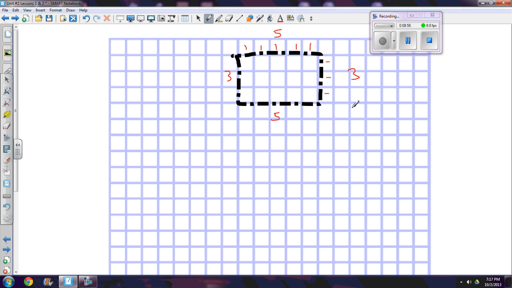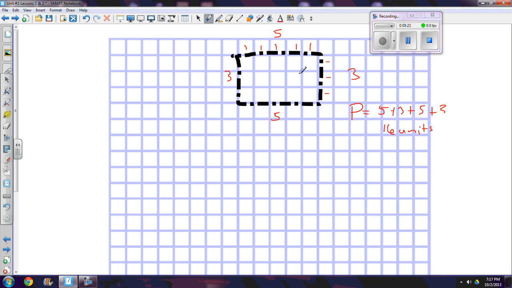So perimeter would equal 5 plus 3 plus 5 plus 3. So you'd have a total of 16 units, because it doesn't state if it's centimeters or inches, so just plain 16 units.